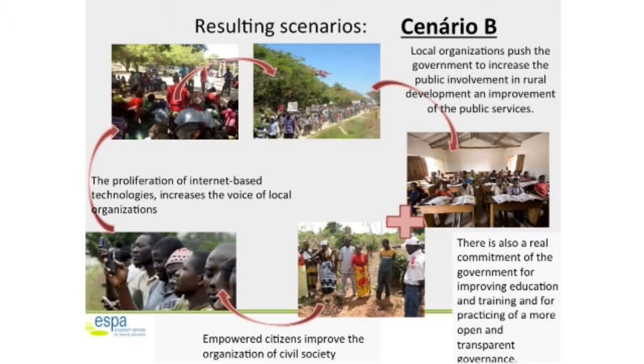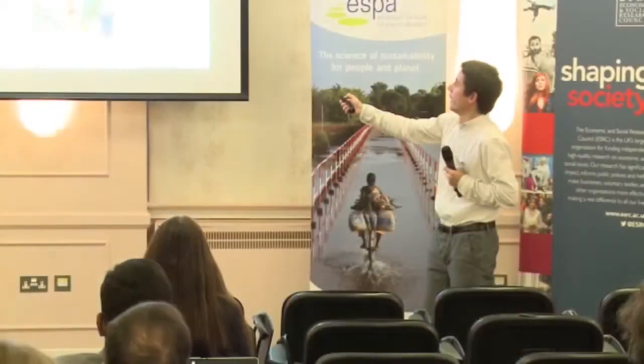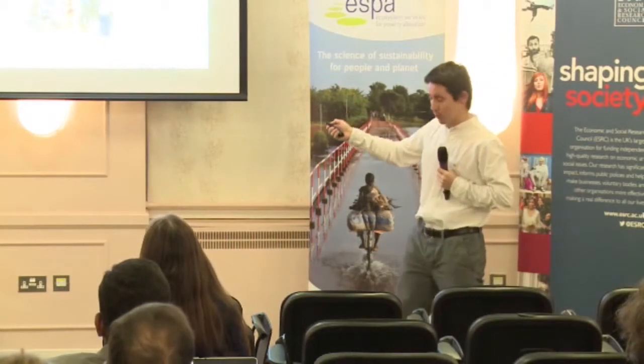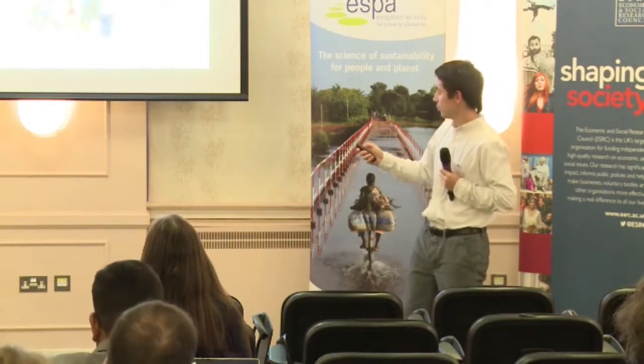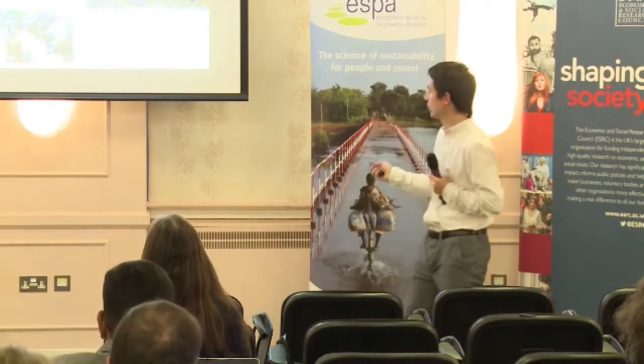So they would also protest and ask the government for more social and environmental oriented policies, so that this would again increase the education and training and, for example, extension services, and would claim also for efforts for local projects and for the promotion of local cooperatives or microcredit projects. So the situation in the rural areas would improve more than in scenario A.